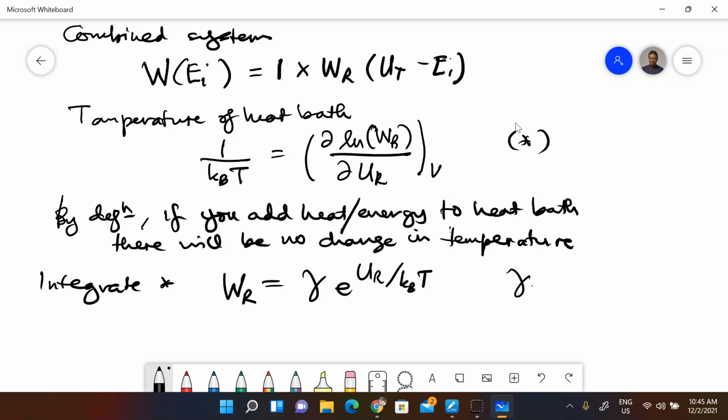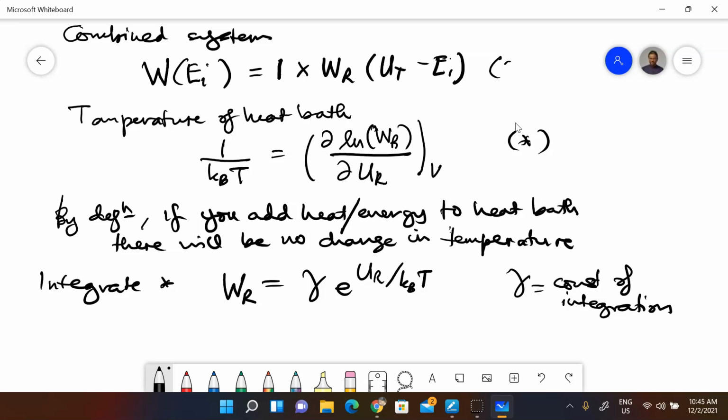Gamma here is coming from the constant of integration. But then, okay, plug this into here, so that's a star.